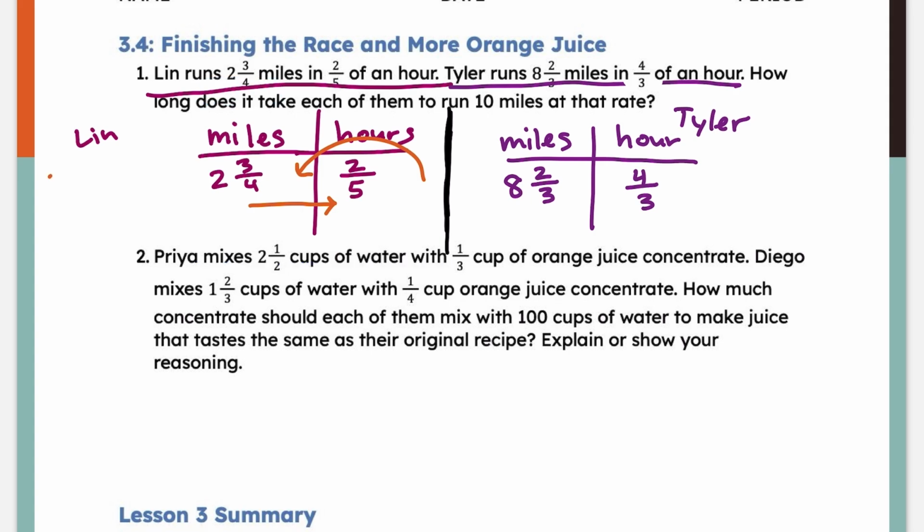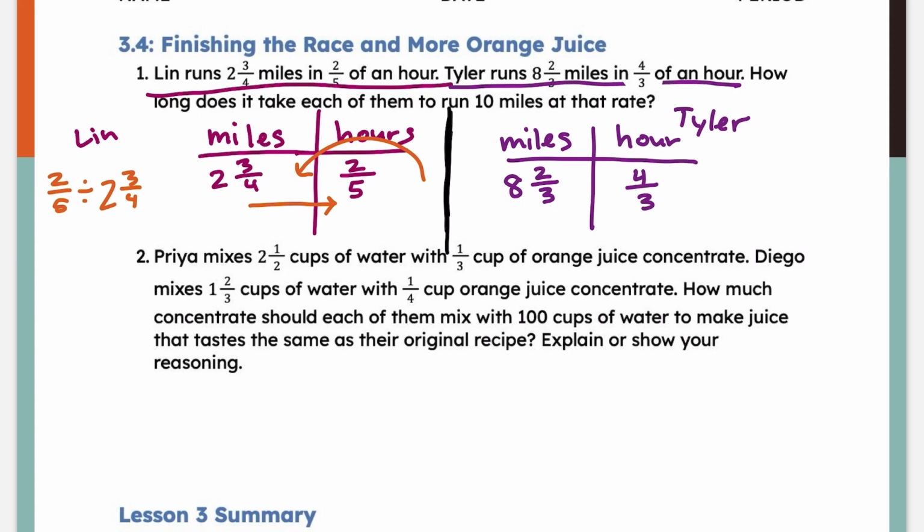So in my calculator, I'm typing in 2/5 divided by 2 3/4. If you haven't already done it, make sure you're doing it with me. I'm typing it into my calculator, so it takes a little bit of time.